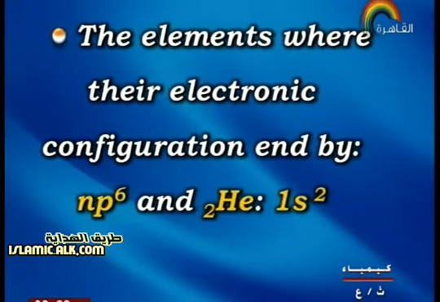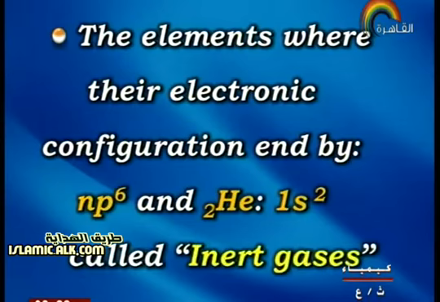The elements whose electronic configuration ends by filling the P sublevel with 6 electrons, and helium, whose electronic configuration is 1s2, are called inert gases.